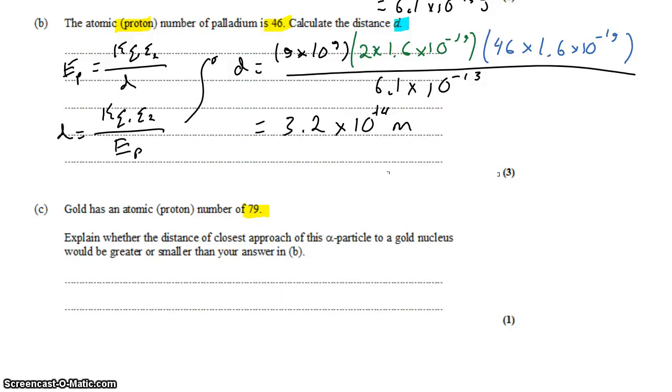Well, more protons means that there's going to be a stronger force between the gold nucleus and the alpha particle. The Coulombic force kQQ on r squared is going to be greater.